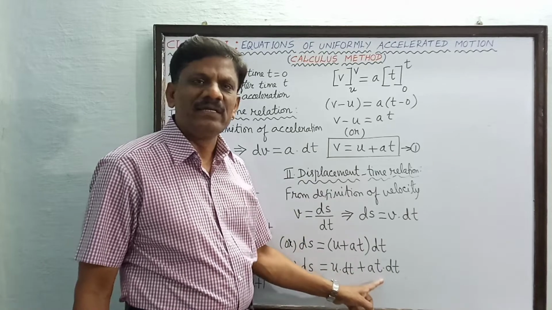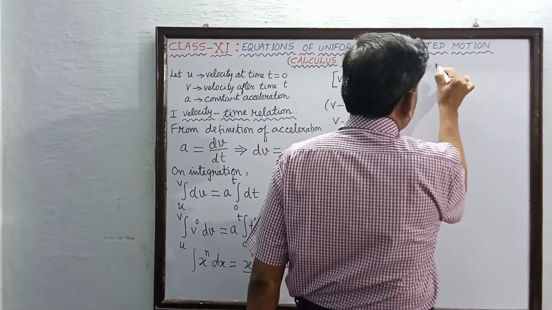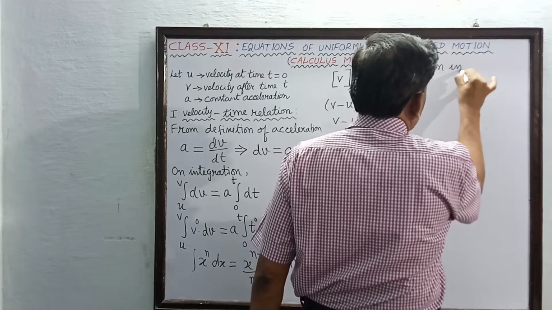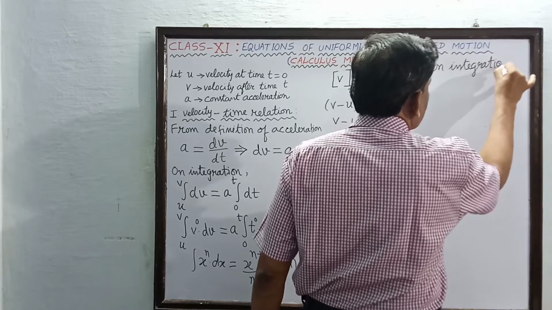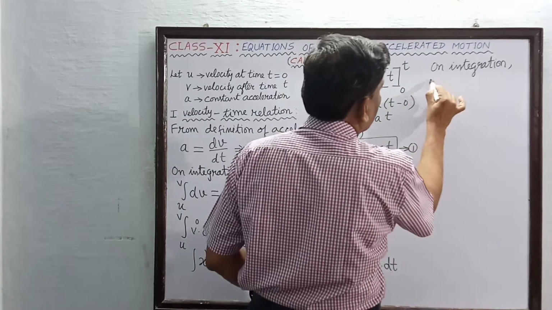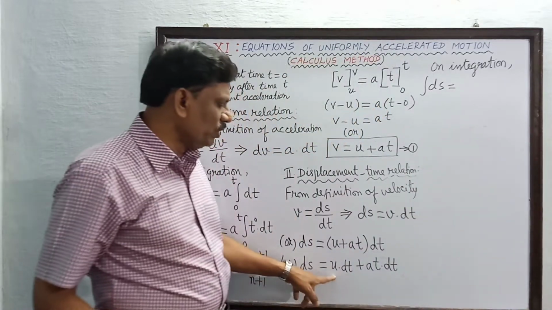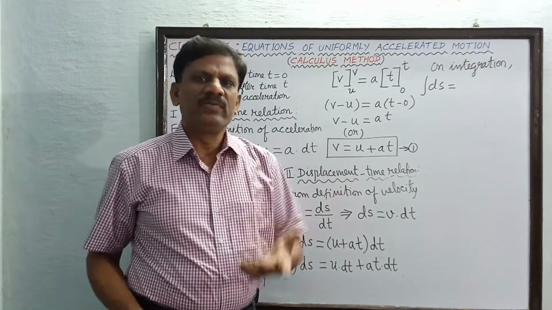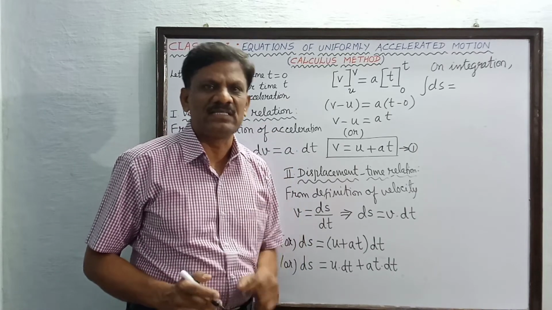I am going to integrate this equation on both sides, between the given limits. So on integration, left hand side will become what? Integral ds, and the right side is u dt. u means what? It is the initial velocity at a time t equal to 0, which is a constant.